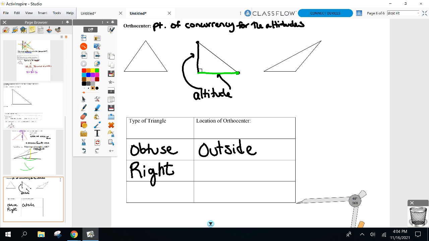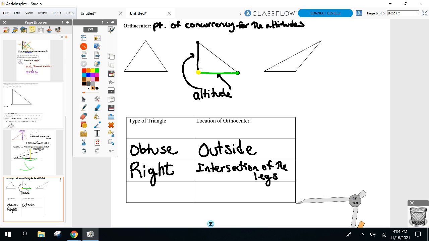Those are altitudes, also known as the legs. And where do they meet? At least those two meet, and the third one will as well. There it is. There's your orthocenter on a right triangle. It's the intersection of the legs. In a right triangle, 2 out of the 3 altitudes are the 2 legs.